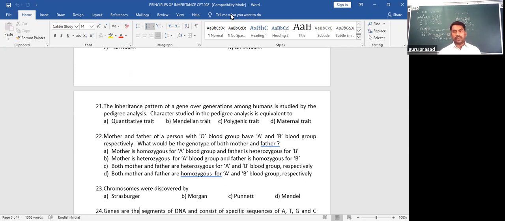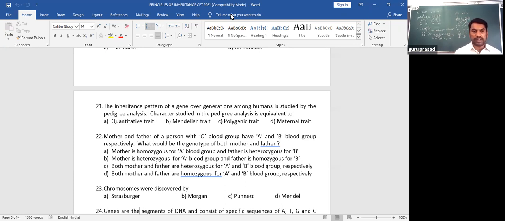If from such parents an O blood group person has been born, what should be the genotypic condition of the parents? If both the parents are pure A and B, there is no chance of getting O blood group. If both the parents are homozygous A and homozygous B, they never get O blood group. So in the previous question, we already thought that the possibility of getting O blood group, A or B blood group separately only happens when the parents are heterozygous A and B.